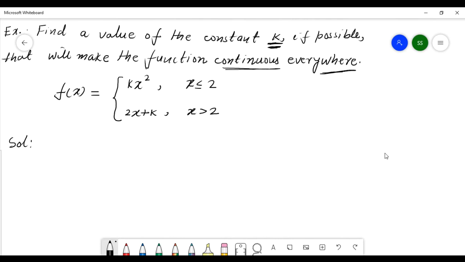The solution here. Okay. You have to check at this point 2.